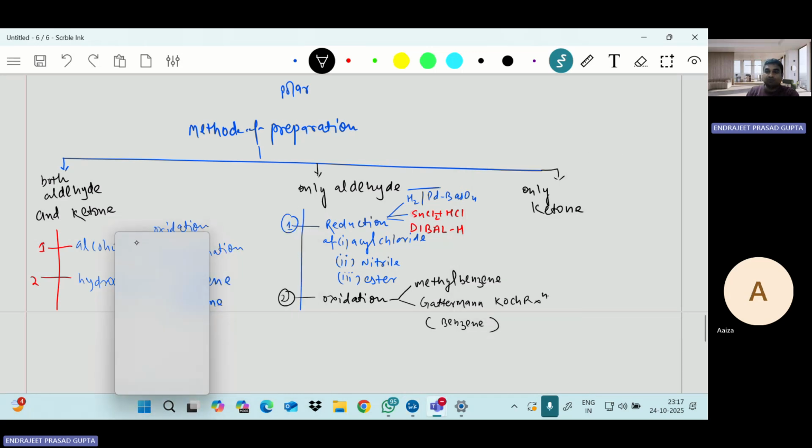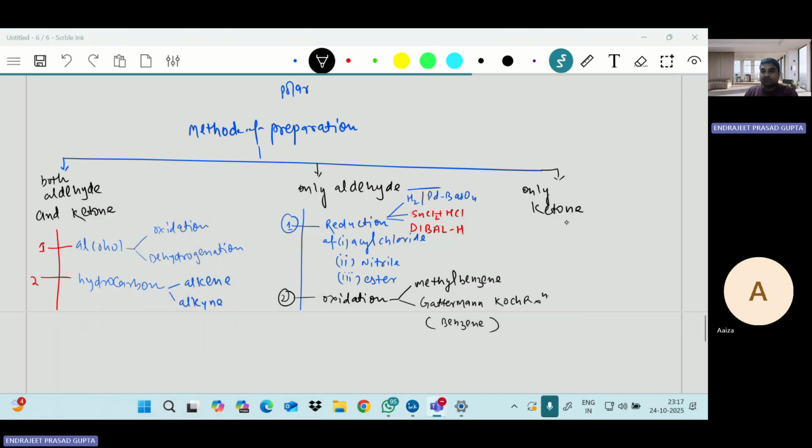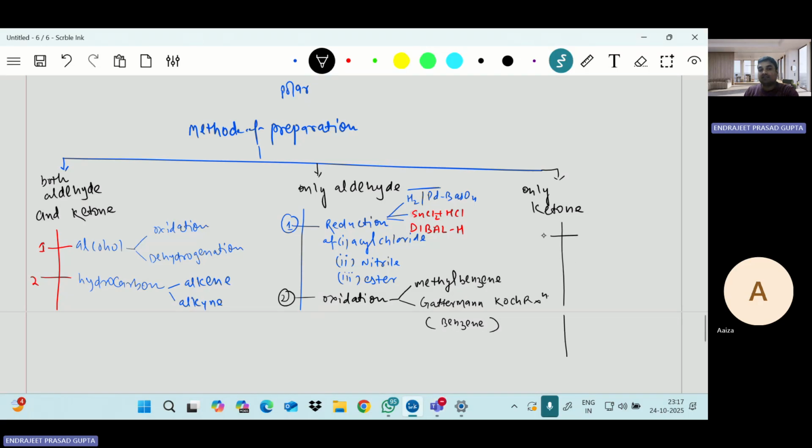When we talk about ketone, the Grignard reagent is a famous reagent, and this reagent is always used in the synthesis of any carbonyl compound. So we can use acyl chloride and Grignard reagent. What is Grignard reagent? Can you tell me? RMgX or ArMgX.